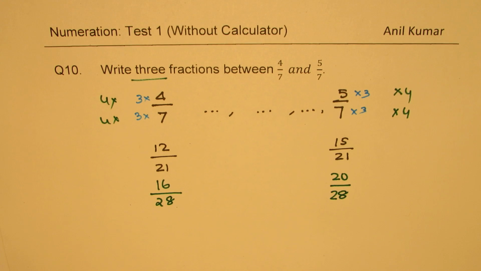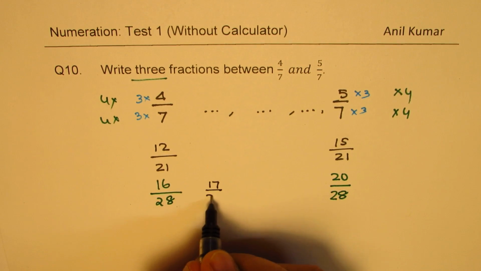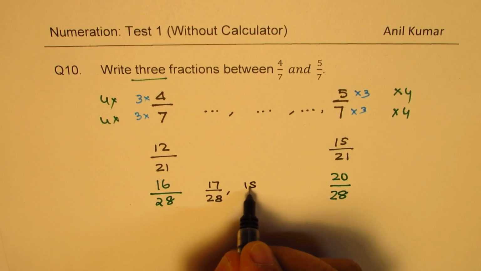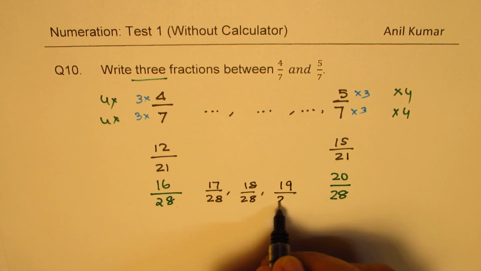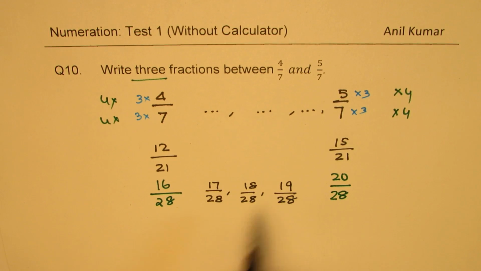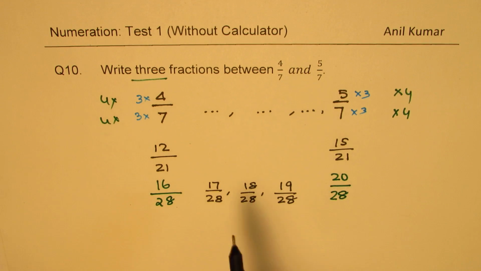So now we have more fractions in between, and we can write 17 over 28, 18 over 28, and 19 over 28. So these are the three fractions in between 4 over 7 and 5 over 7.